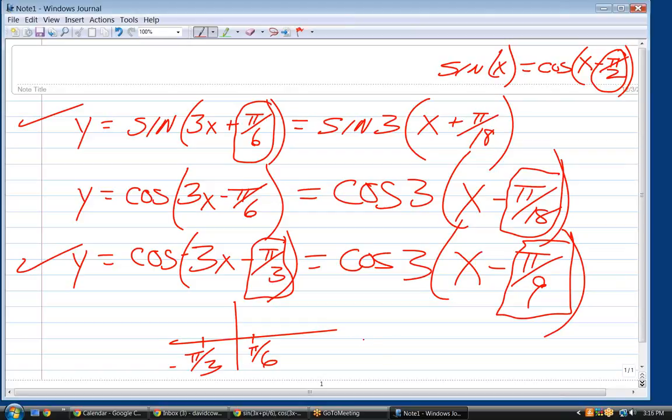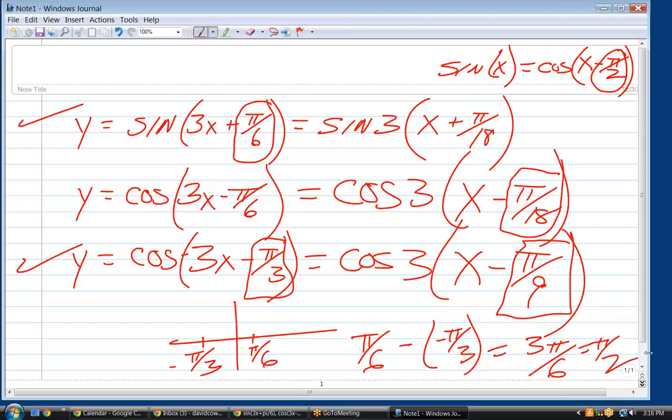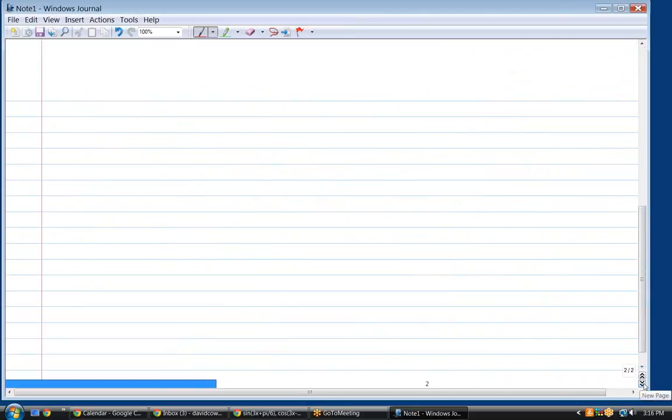Well, if I take pi over 6 and I subtract a negative pi over 3, I get 3 pi over 6 or pi over 2. So they are pi over 2 apart. And that's why they have the same graph. Yes. Okay, what else?